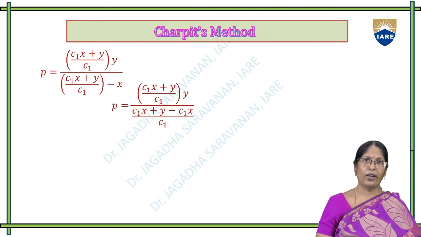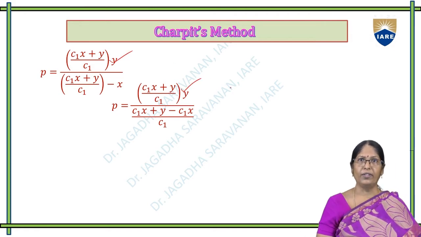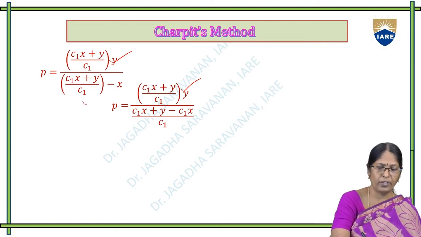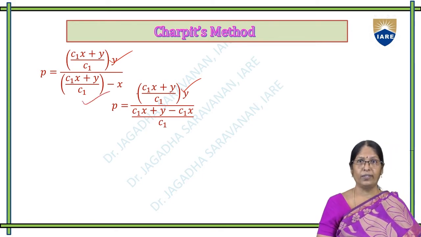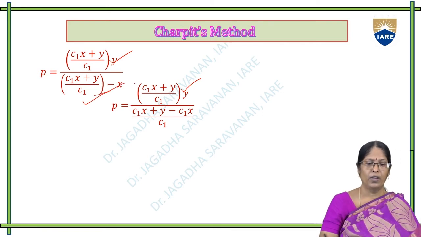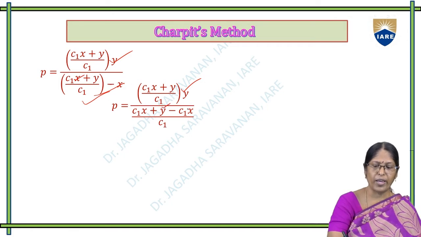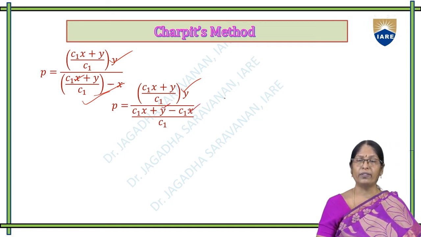The numerator is written as it is, whereas for the denominator we have taken the LCM, that is we did the cross multiplication. So c1x plus y minus c1 into x, it has become c1x divided by c1.